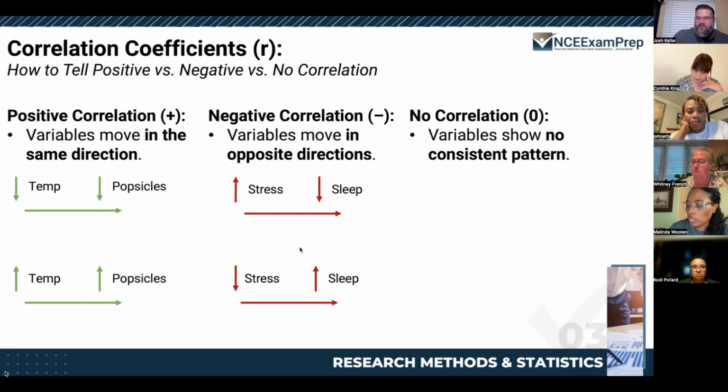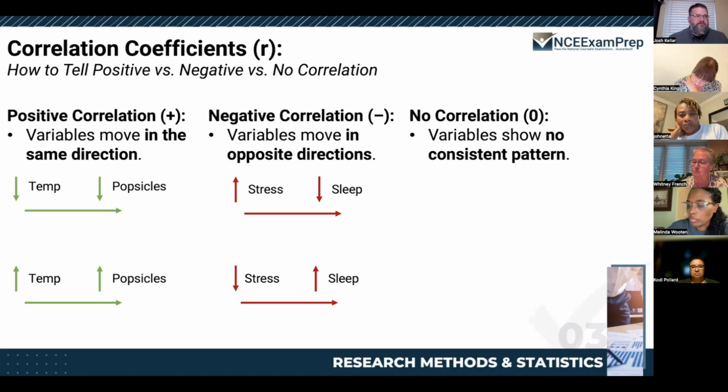That's a negative correlation. As stress goes down, the amount of sleep you're able to get goes up. Those are negatively correlated. Does that make sense? No correlation would be variables showing no consistent pattern. We can't tell from one variable whether the other variable is going to go up or down. That would be no correlation.